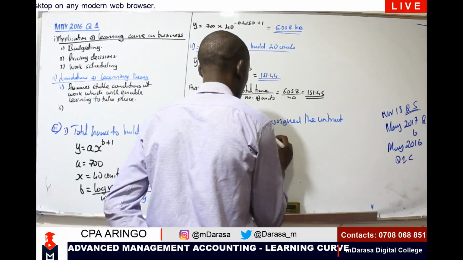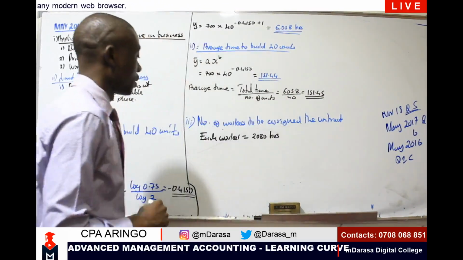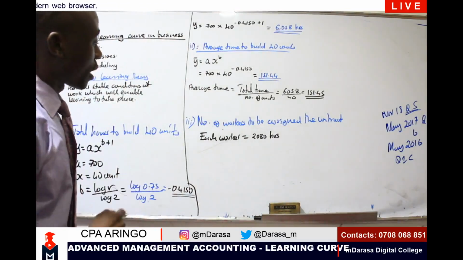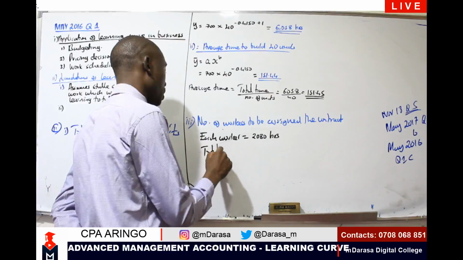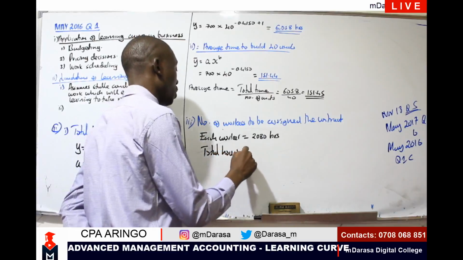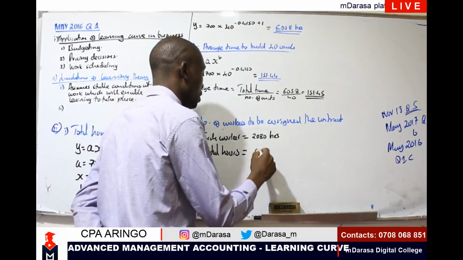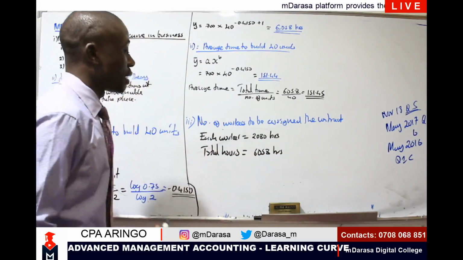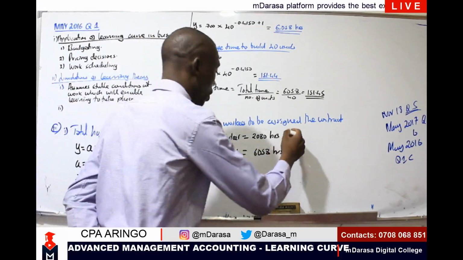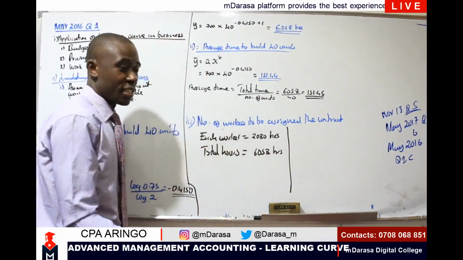If each worker is working for 2,080 hours, and you know very well that the company requires total hours of 6058 to complete that task, how many workers will I require? That is what the examiner wants us to determine.